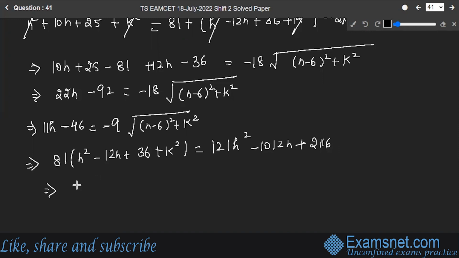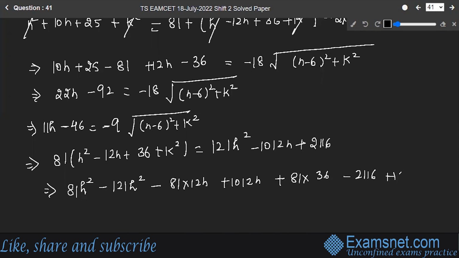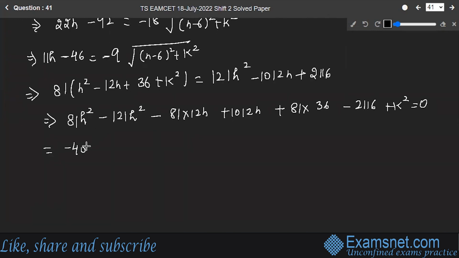Solving this will give you 81h square minus 121h square; let's open up the brackets first. 81h square minus 121h square, minus 81 into 12h plus 1012h, plus 81 into 36 minus 2116, plus 81k square is equal to 0.